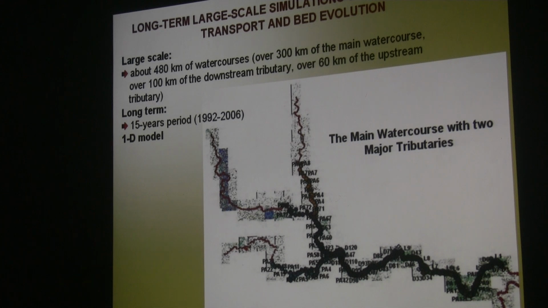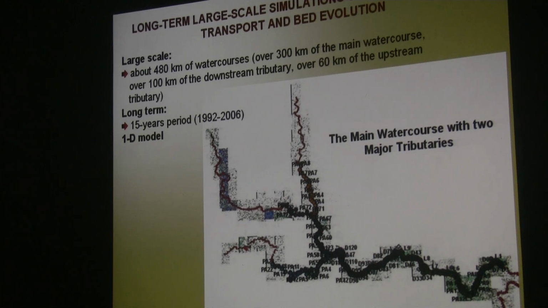We were asked to look at the long-term, 15 years morphological changes, and for that you can use nothing but a 1D model. Everything else, 2D, 3D, is simply too slow to simulate something like this.